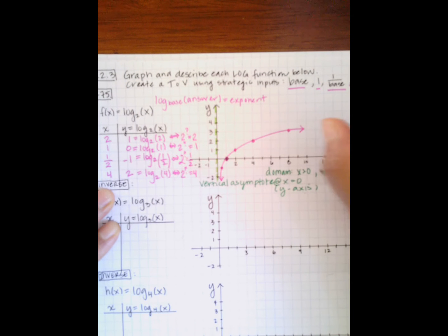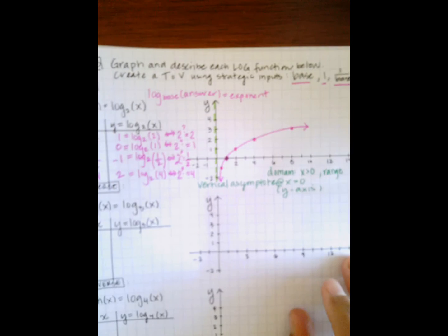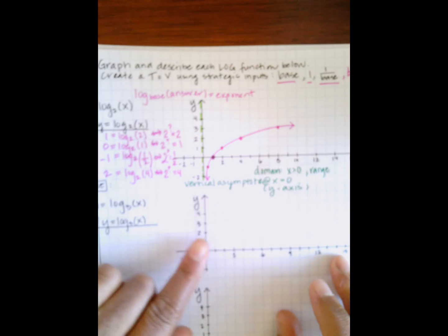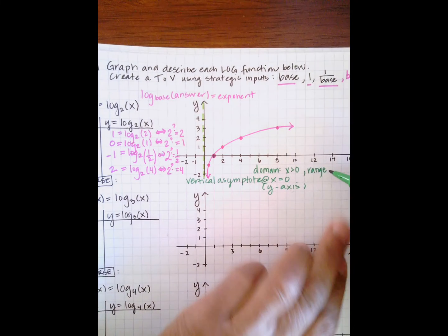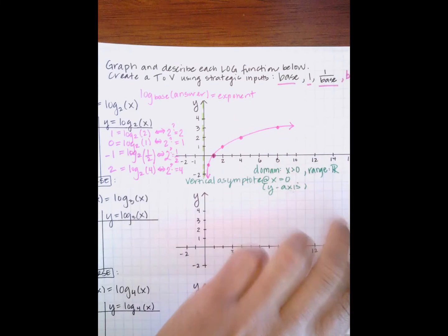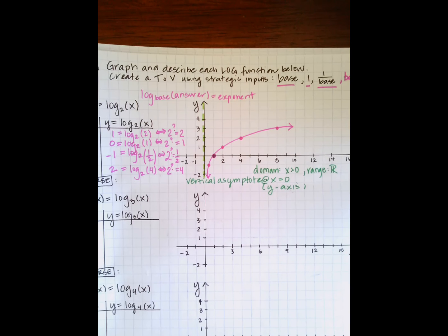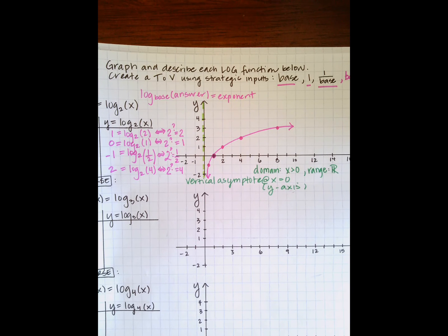And for our range for this particular function, it would be all y values, because as you see, this graph will continue on towards negative infinity on the y-axis, and likewise, it will go out to positive infinity along the x-axis. So the range would be all real numbers, and all real numbers is the same thing as, as you'll see on the slides, from negative infinity to infinity.